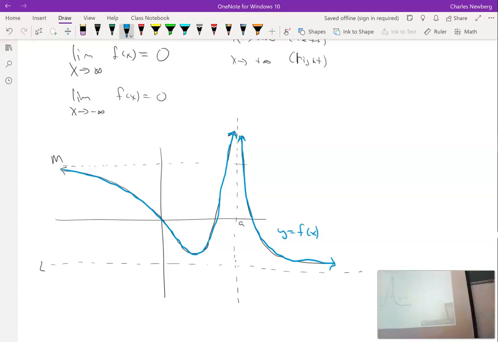Got a couple of dotted horizontal lines, you got a dotted vertical line, and go ahead and give you a second to copy that down. And while you're doing that, I'm going to reorganize my notes.